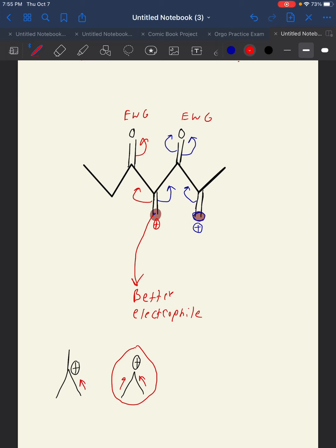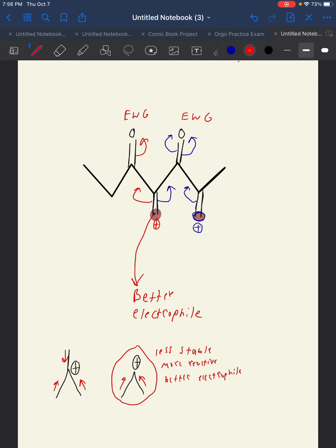Here, you have three carbons donating into this carbocation. Three basically electron donating groups donating into that carbocation, making that more stable. For the secondary, you only have two carbons donating into that carbocation, so it's less stable, more reactive, and in terms, a better electrophile.